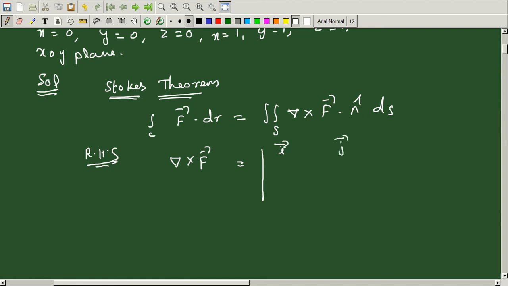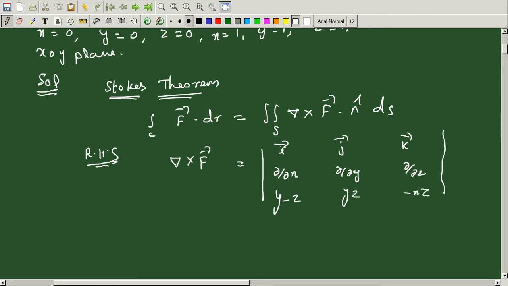So i vector, j vector, k vector. Del is ∂/∂x, ∂/∂y, and ∂/∂z. And the value of F vector is, in the i direction y minus z, in the j direction y, and in the k direction minus x.